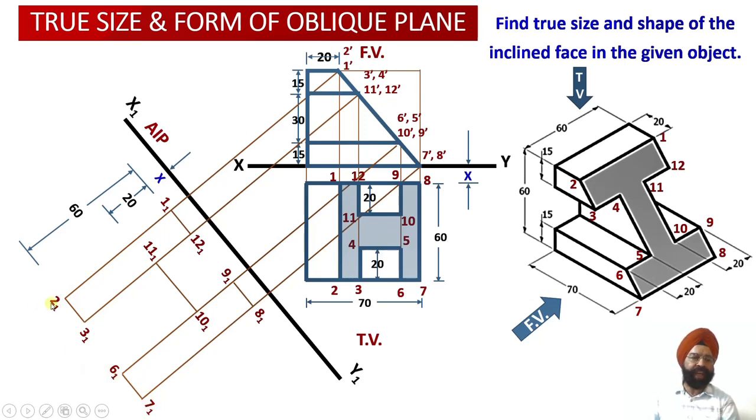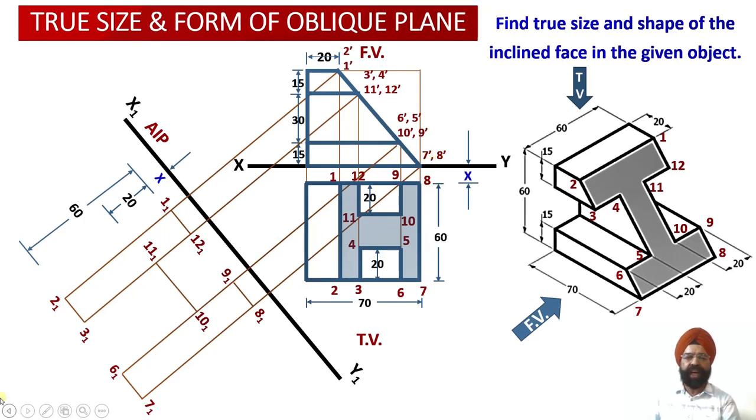Point 21 is located on the projection line where the front view of the point 2 dash was located. 31 has been located on the projection line where the front view of the point 3 dash is located. Similarly 61 is located where the front view of the point 6 dash has been located, and similarly 71 is located on the projection line where the front view corresponding to the point 7 dash has been observed over here in the edge view.